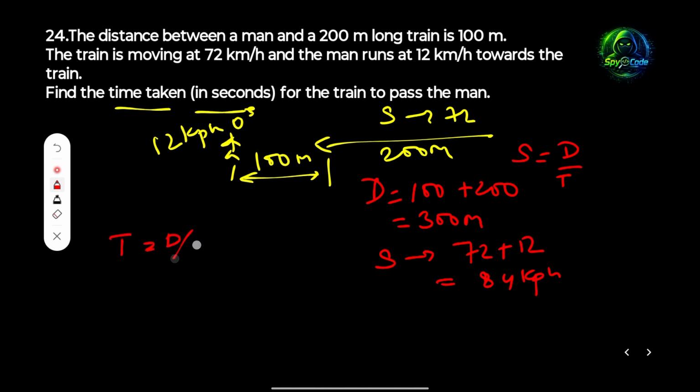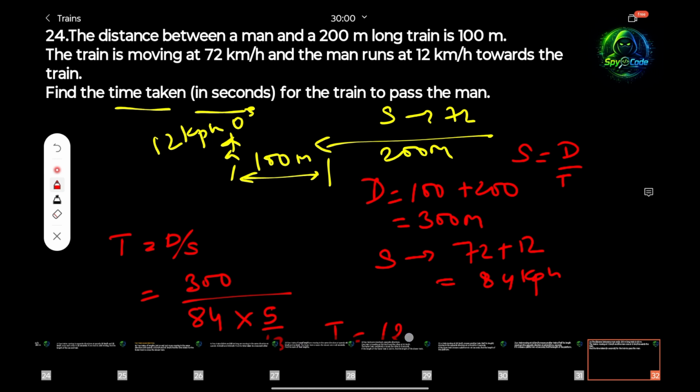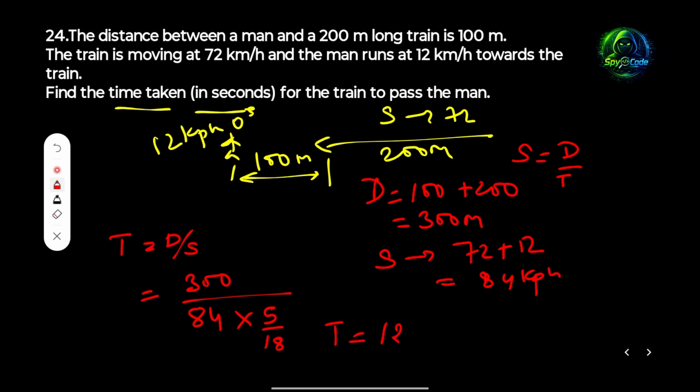Time is equal to distance by speed. Distance, we all know that it's 300 meters. Speed is 84 kilometers per hour. We need to convert it into meters per second. So 5 by 18. So upon solving this, we get the answer as around 12.86 seconds.